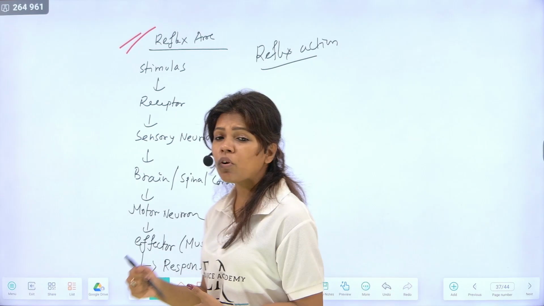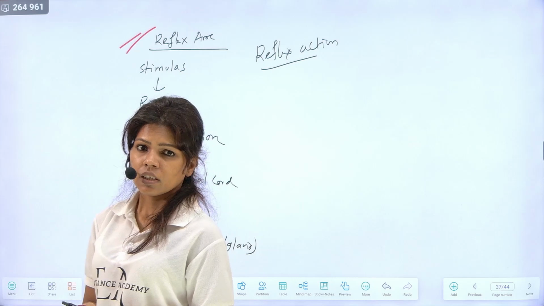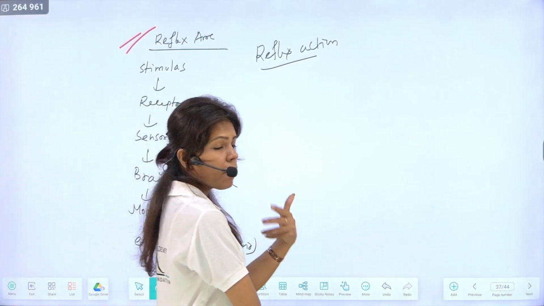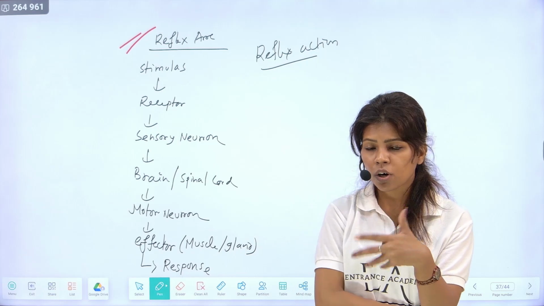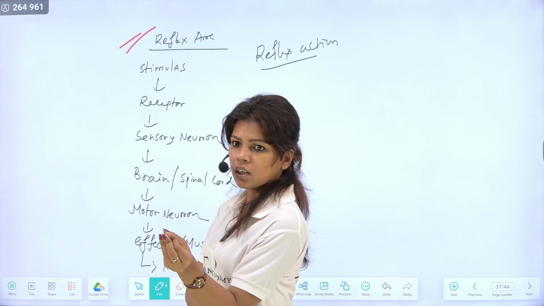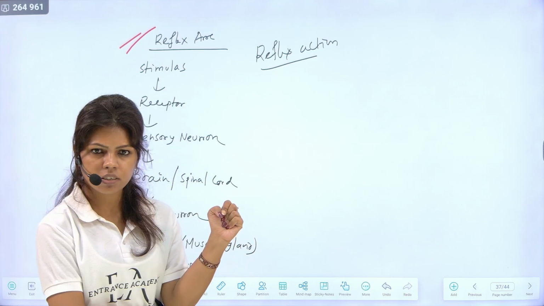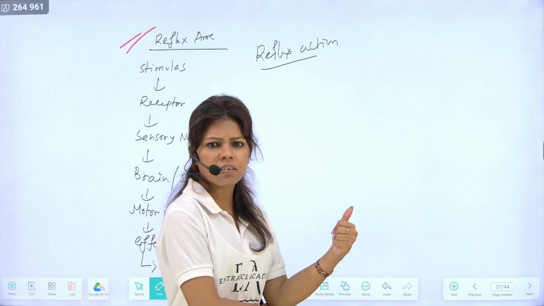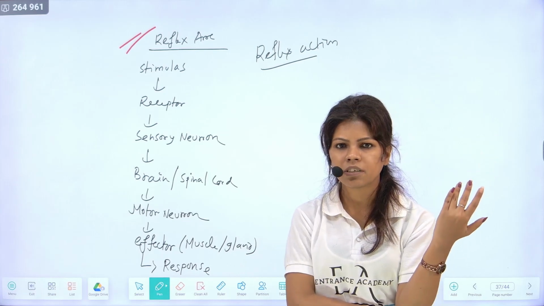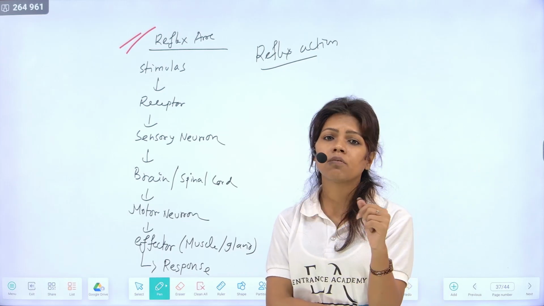It's a spontaneous, sudden, and automatic action generated inside our body upon receiving a stimulus, providing a response. For example, if by mistake we touch a hot object, a hot coffee mug or soup bowl, instantly we will remove our hand from that place. This is an example of reflex action.